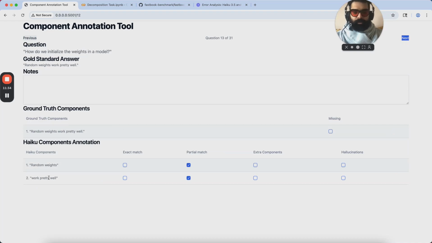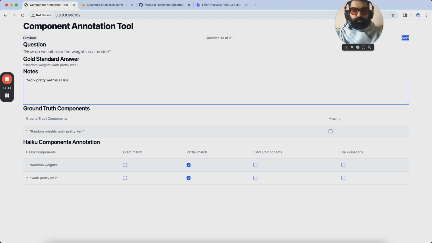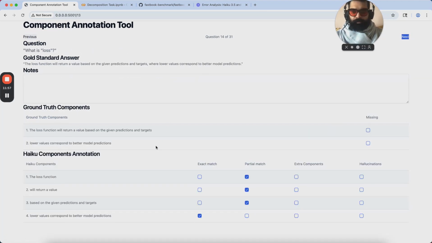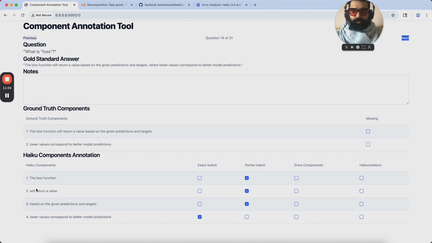Random weights work pretty well. I'll say works pretty well is a Haiku component that doesn't make sense out of context, too granular. The loss function will return a value based on the given predictions and targets. Lower values correspond to better model predictions.